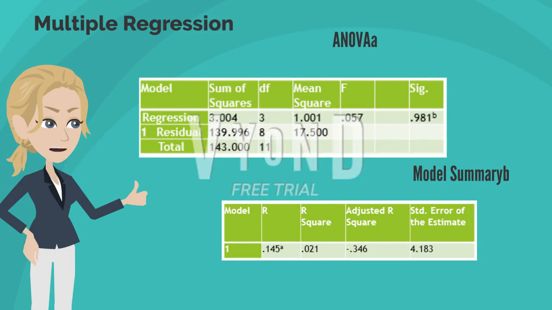Multiple regression. There are three tables: model summary, ANOVA and coefficients. The p-value from the ANOVA table is more than 0.05, with more than one variable, which are production, import and export. The R-square value is 0.021, which means 2.1% of the variation can be explained.